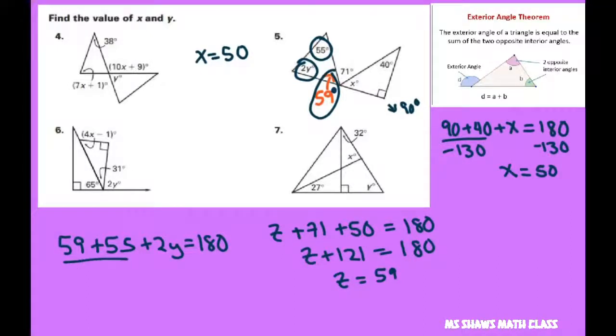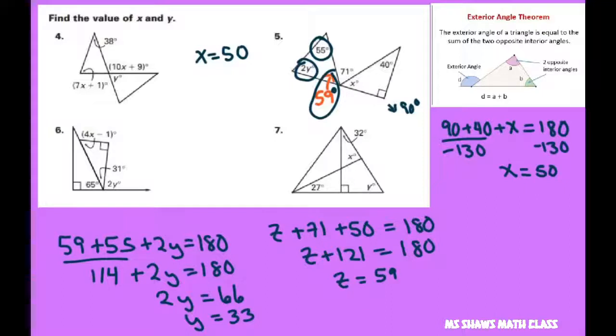And 59 plus 55 equals 114. Subtract 114 from 180, and you get 2y equals 66. Divide both sides by 2, you get y equals 33. So y equals 33. And that's all we had to do for that one.